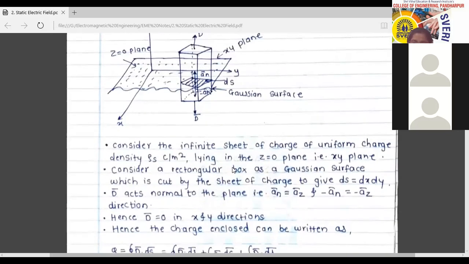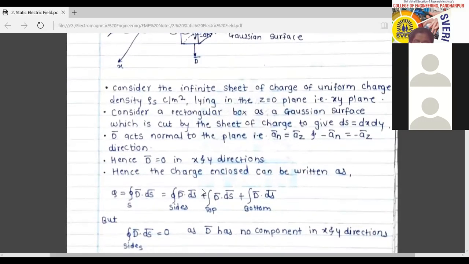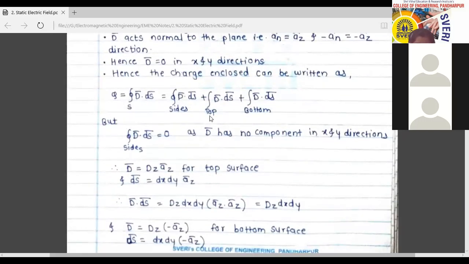But for the sides the flux density component is not there, it is only for the top and bottom surfaces. Remember, so the surface integral of d bar dot ds bar for the sides is equal to 0, and for top and bottom it will be present.